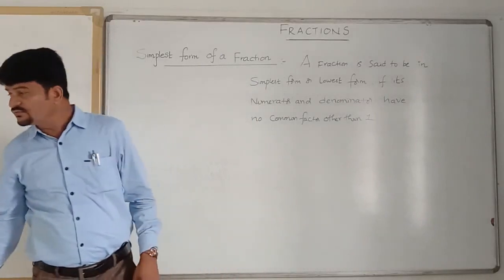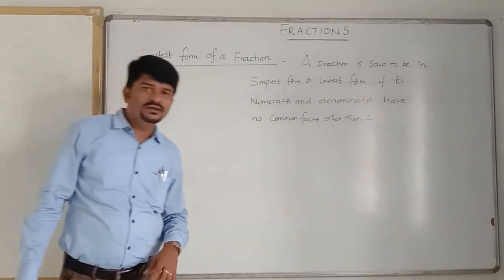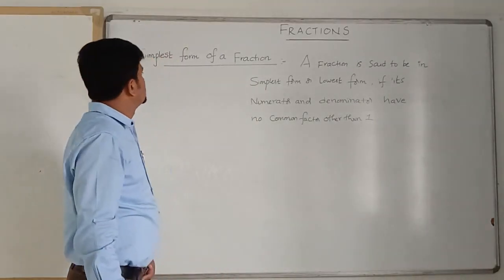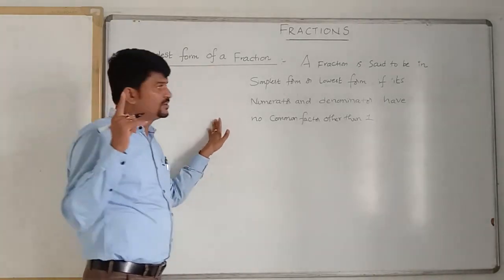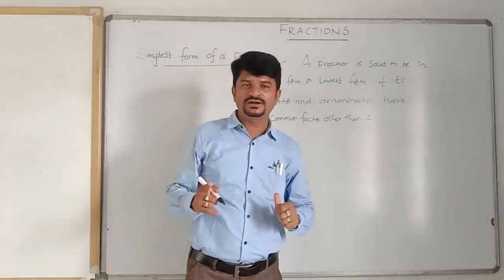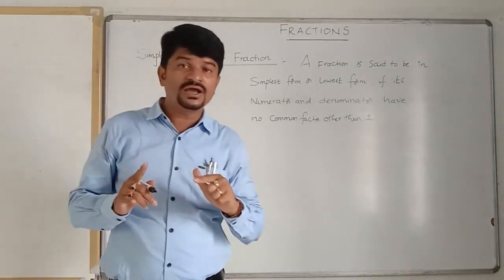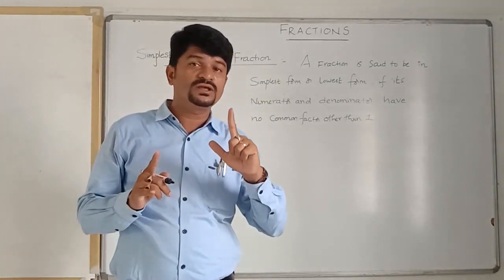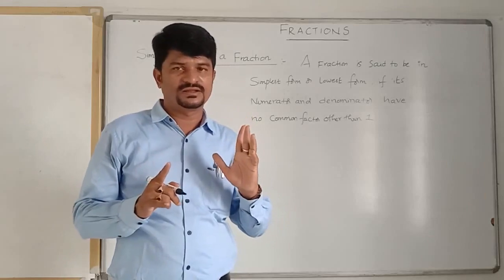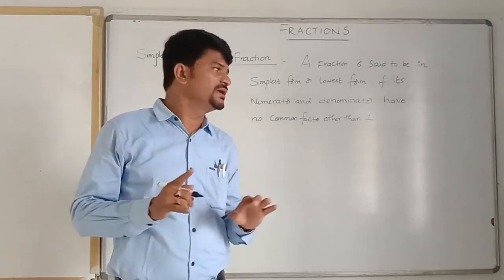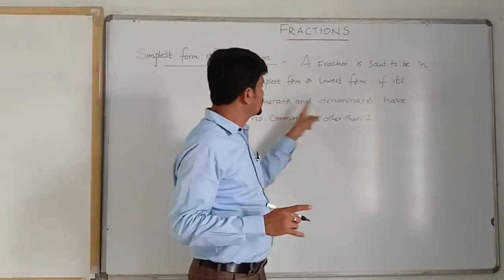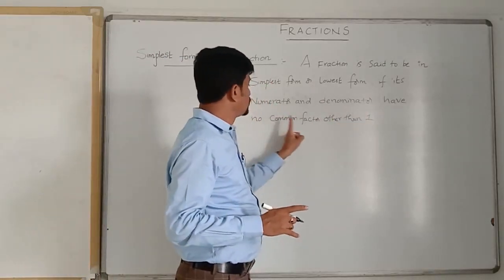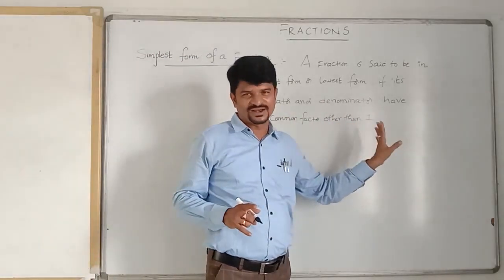Whenever a fraction is said to be in simplest form, both numerator and denominator should not have more than one common factor. They will have only 1 as a common factor. See, numerator and denominator have no common factor other than 1.